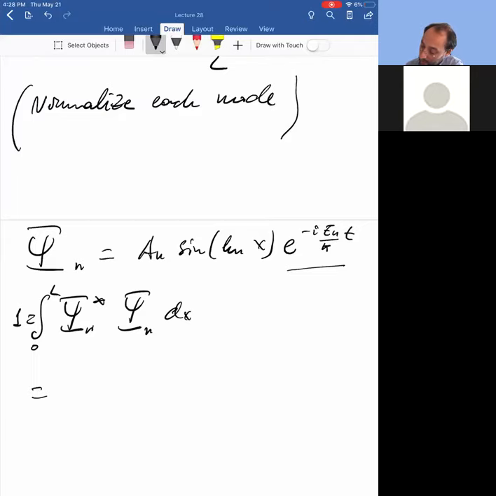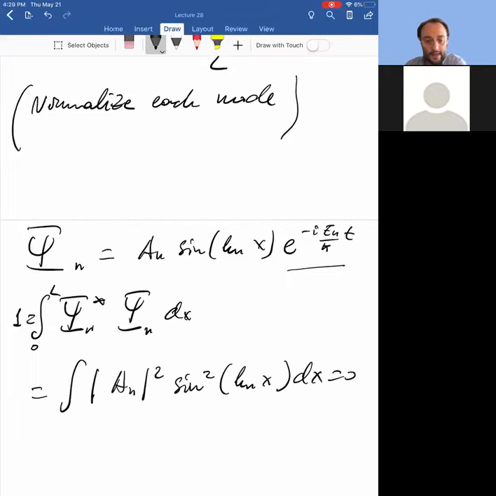Actually, what this gives us is not a sub n squared, because a sub n can be complex, right? So this gives us the magnitude of a sub n squared times the integral of sine squared k sub n x dx equals 1, right?